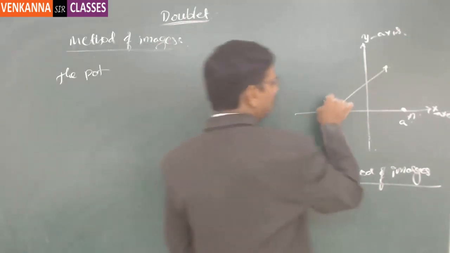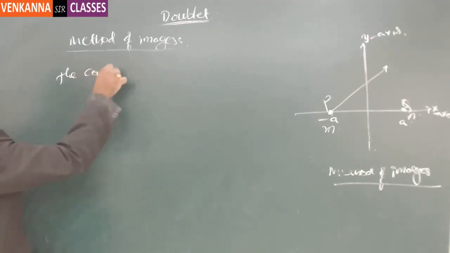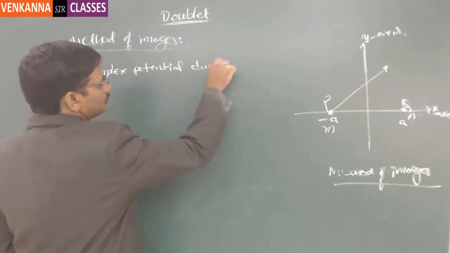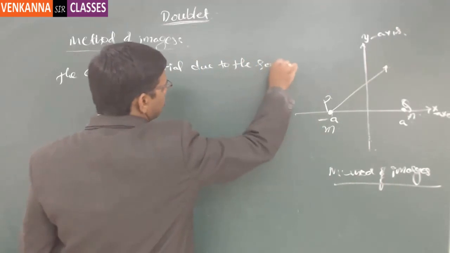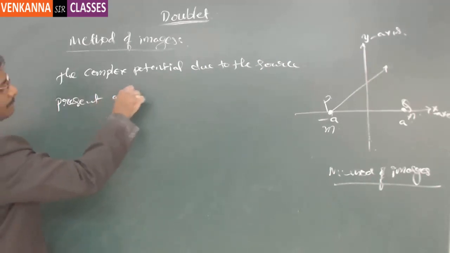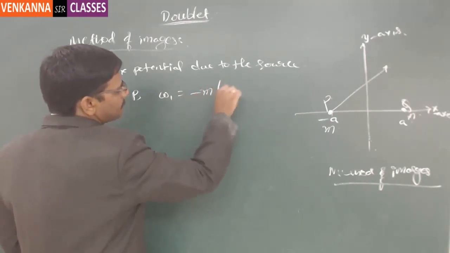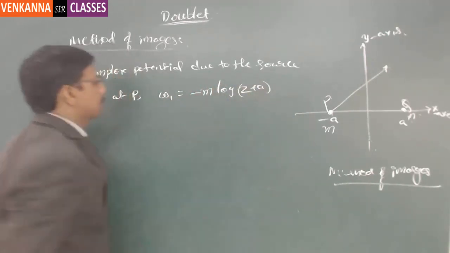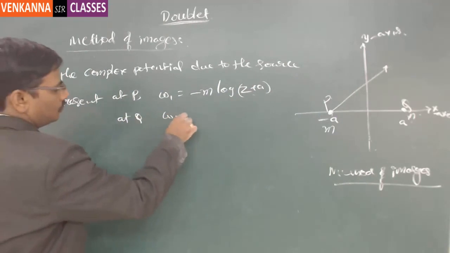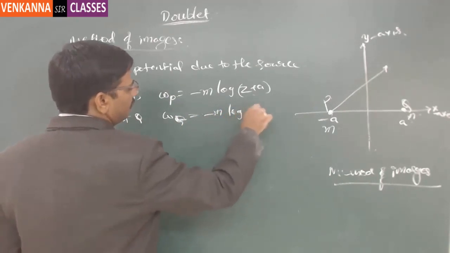I call this point P and this point Q. The complex potential due to the source present at P will be W1 is equal to minus m log (z plus a), and then at Q, W2, or WP and WQ, this is minus m log (z minus a).